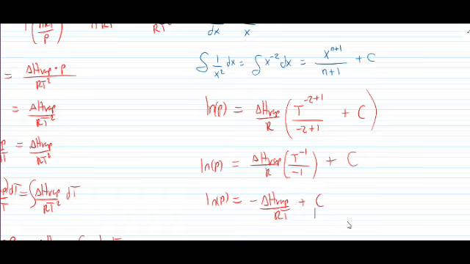So this expression, plus a constant, matches our linear equation form, y equals mx plus b, if 1 over T is our x value, our independent variable. And so what we want to do then is do our before and after scenario now that we've got this linear expression after integration.